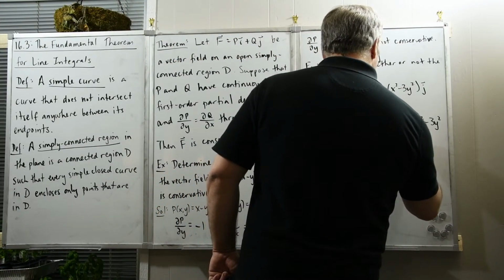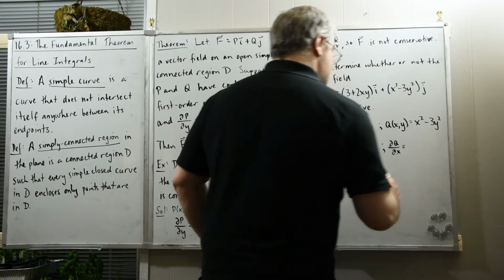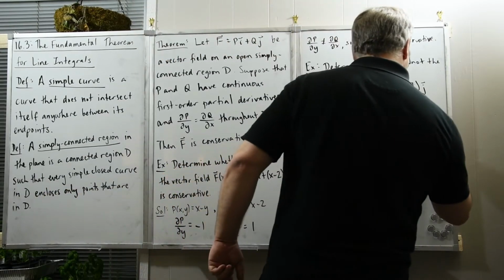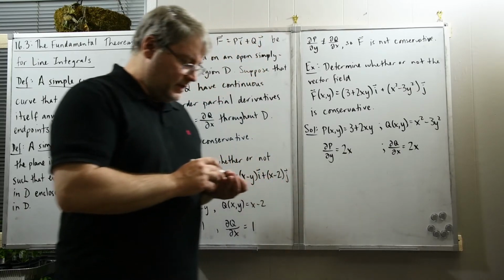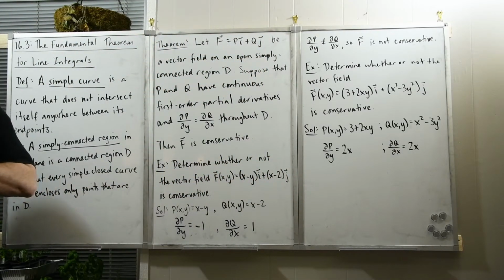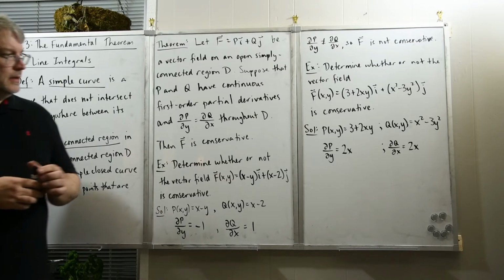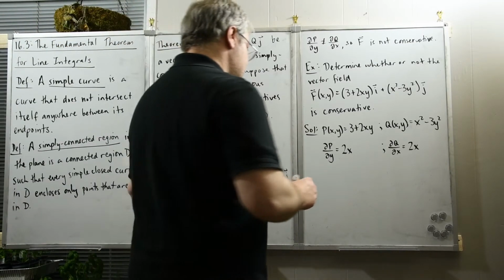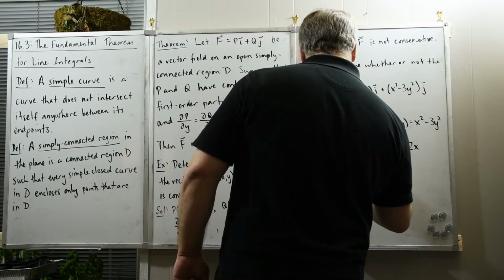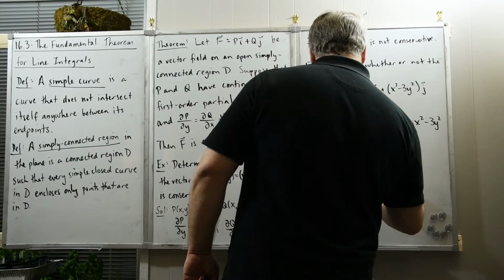Now if we take the partial of Q with respect to x, this x squared differentiates to 2x, and the negative 3y squared differentiates to 0 because y is treated as a constant in that instance. So notice that partial P with respect to y is partial Q with respect to x.